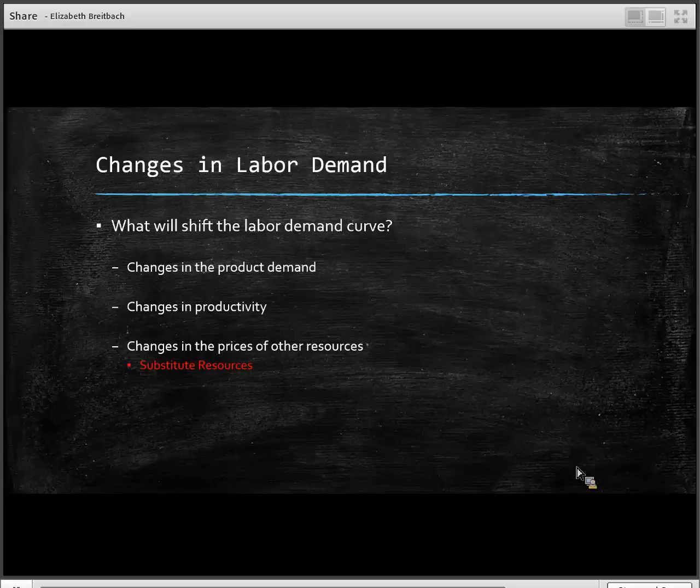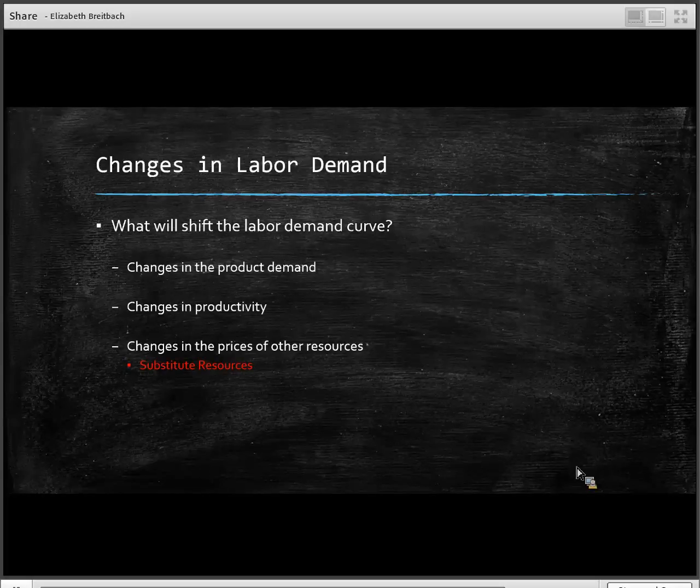If labor is relatively inexpensive, then I'm just going to hire workers to dig that ditch. But if labor starts to increase in price, or that piece of equipment starts to decrease in price, all of a sudden I may decide to shift my production to using capital like that machinery rather than using labor.